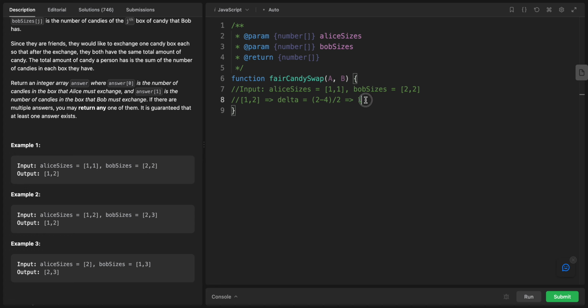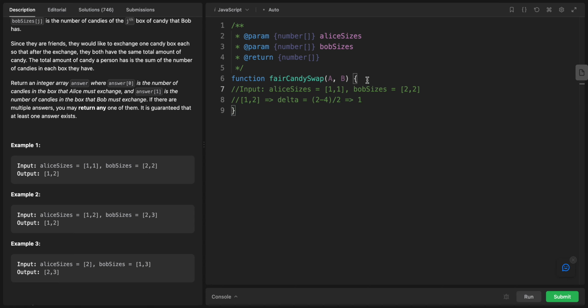So if Alice gives 1, she expects to get 1 plus the delta, which will be plus 1, so she expects to get 2. Do you understand how this math equation works? This equation is actually the key to solving this problem: whenever Alice gives x, Alice expects to get x plus delta, to make sure that both of them have the same amount of candy.